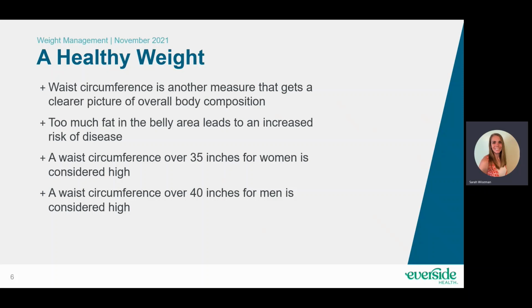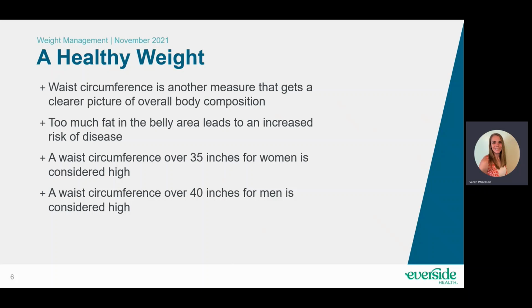But then we also have somebody who's 350 pounds but doesn't do anything to work out and is not very active at all. If you're comparing them, the one with the narrower waist circumference is going to be your football player. And so this tends to help give us a better picture about muscle mass versus body fat. So too much fat in the belly area actually leads to an increased risk of disease.